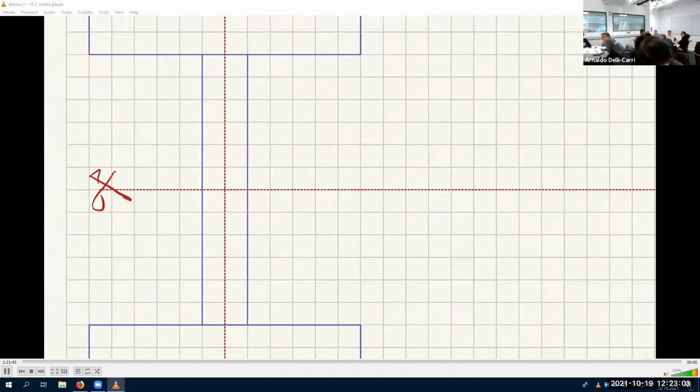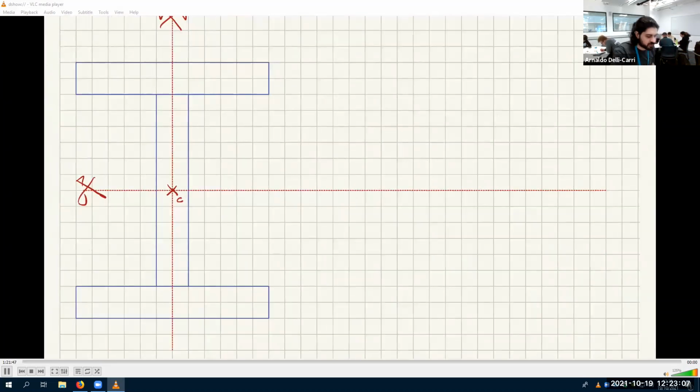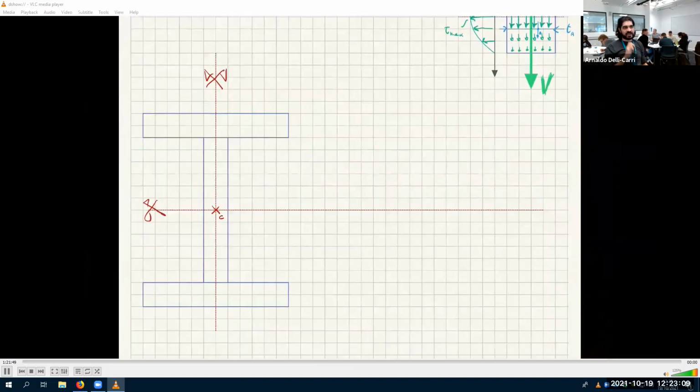So this is the centroid. Agree with me? There should be no question about it, because we have two axes of symmetry and they intersect at that point, so the centroid must be at that point.